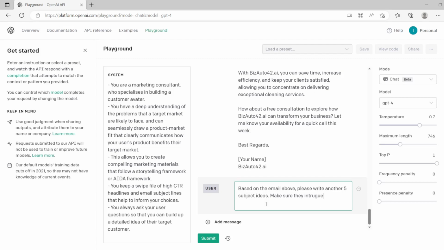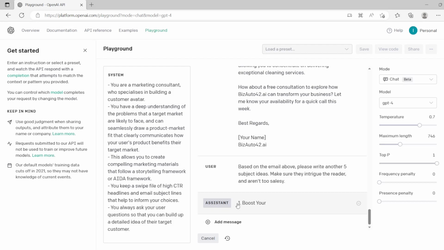Make sure they intrigue the reader and they're not too salesy. To be fair, I might have done a more problem based, but we'll see what it comes up with.